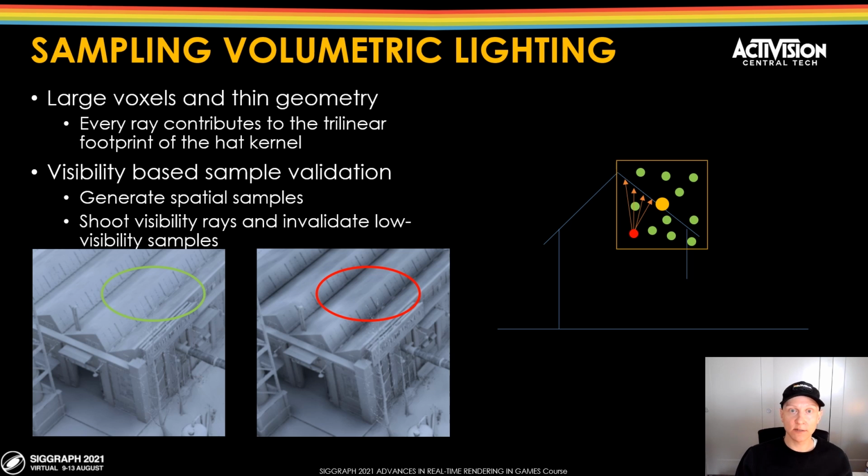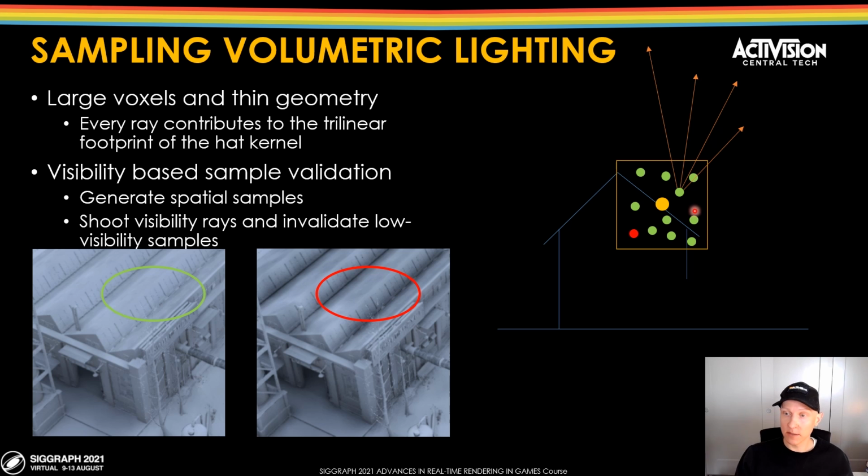The idea is as follows. First, we generate a set of potential sample points, which are just 3D positions in the voxel. Then, before we compute the voxel value itself, we shoot these visibility validation rays. For this indoor sample, we shoot a bunch of rays. We know that all the ray hit locations are quite nearby, so we consider this sample invalid and reject it.